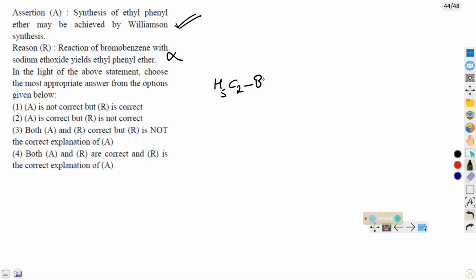The alkyl halide must be 1 degree, then only Williamson ether synthesis is possible. Ethyl bromide reacts with sodium phenoxide to give C6H5OC2H5, ethyl phenyl ether. A is correct, but R is not correct.